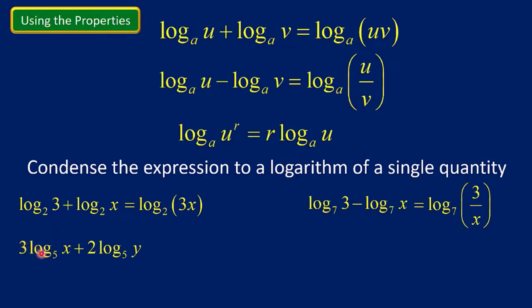So I'm going to call this log base 5 of x cubed plus log base 5 of y squared. See, take care of the exponents first. If you've got coefficients of the logs, go ahead and bring those up and make them exponents. Do that first. Then you come back, and now that's taken care of. Now we can go through here and take care of this sum. Like this. See, just put them together.